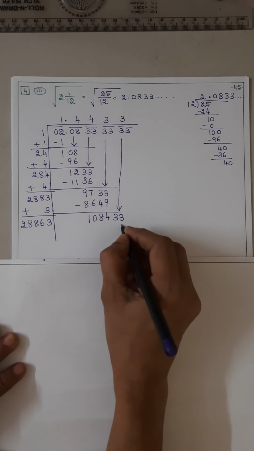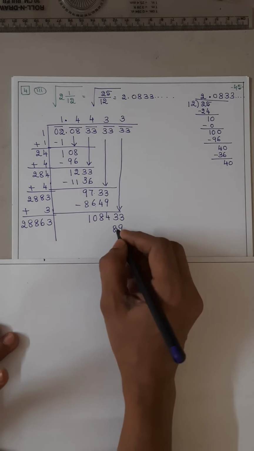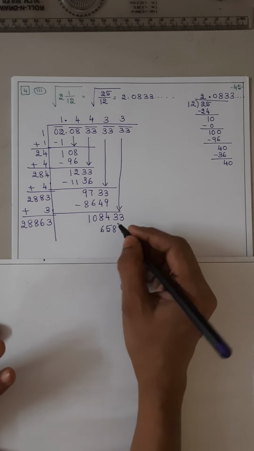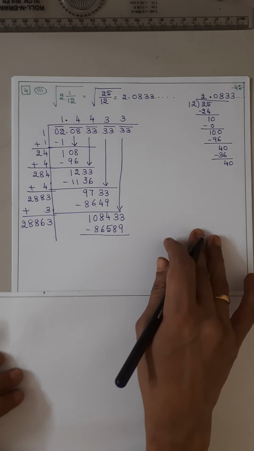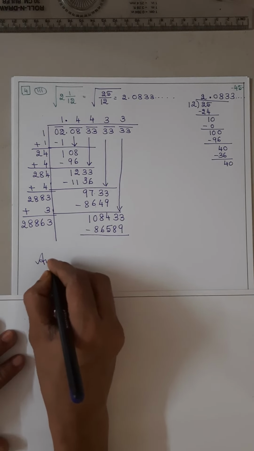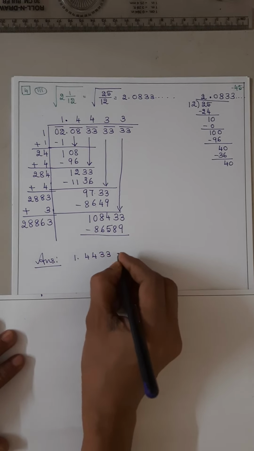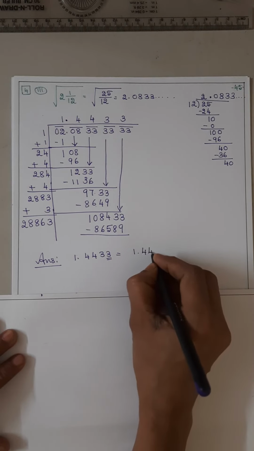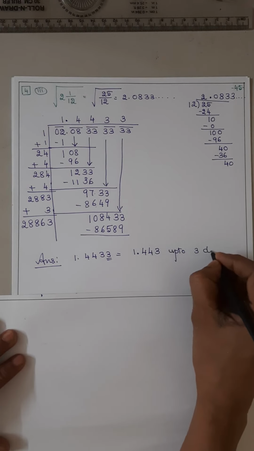So it is 3 3s are 9, 3 6s are 18, 3 8s are 24, 25, 26, 3 2s are 6, 7, 8. So it is 1.4433. Answer 1.4433, that is 1.443 up to 3 decimal places.